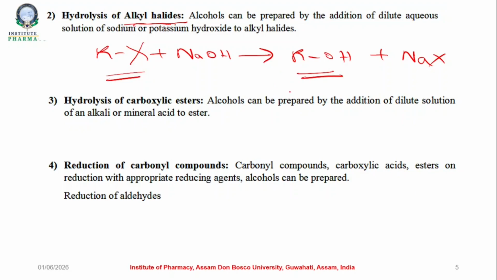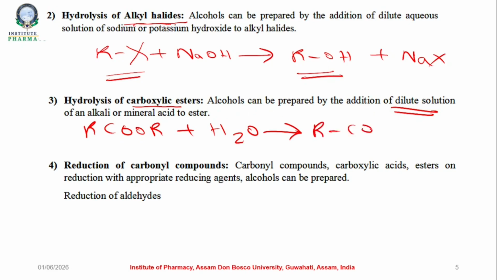Next is by hydrolysis of carboxylic esters. For this, let's take an ester, and then water will be there, since we are using a dilute solution of an alkali or a mineral acid.